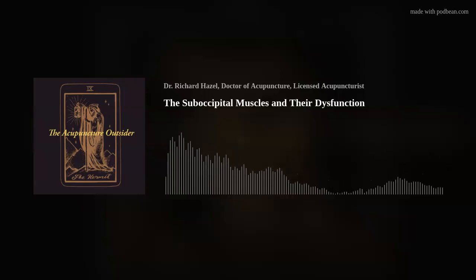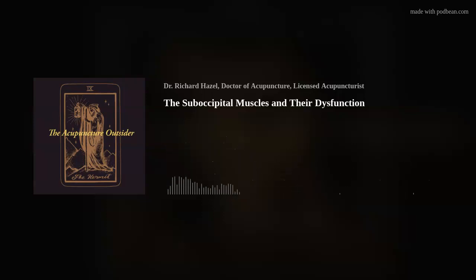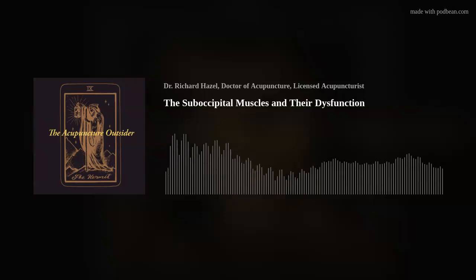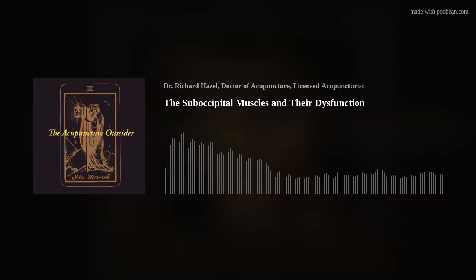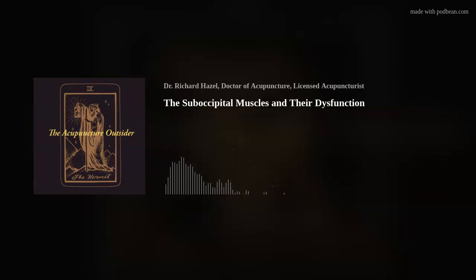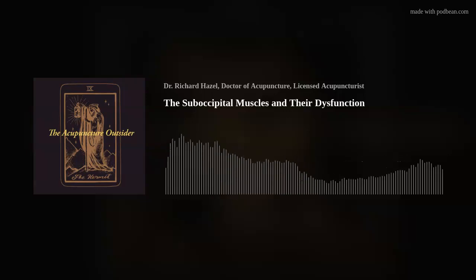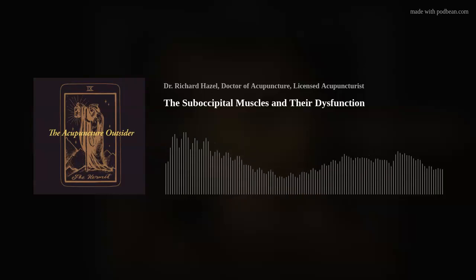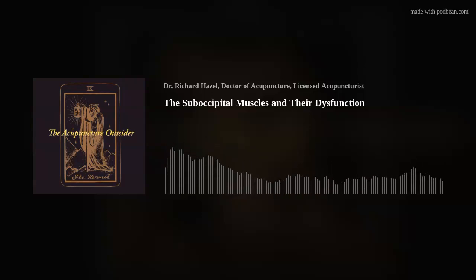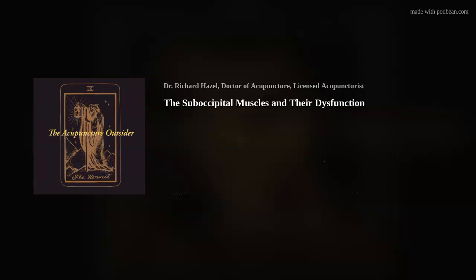It goes from the spinous process of C2 at an angle to the occiput. There's a nuchal line on the skull where it will attach. So it makes a V shape from the spinous process up to the right and up to the left, to the occiput. And that is our rectus capitis posterior major.